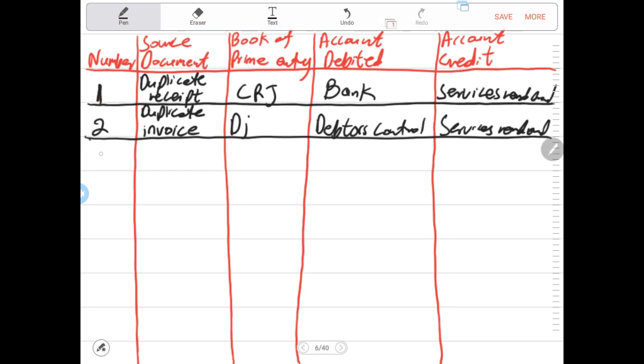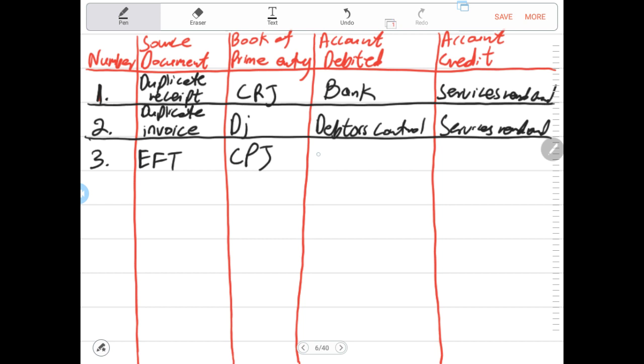Then we record our number 3 on the table we have already analyzed. The source document will be EFT. We can just keep one of them, EFT. Money went out, so this will be a cash payment journal because money was paid for advertising.